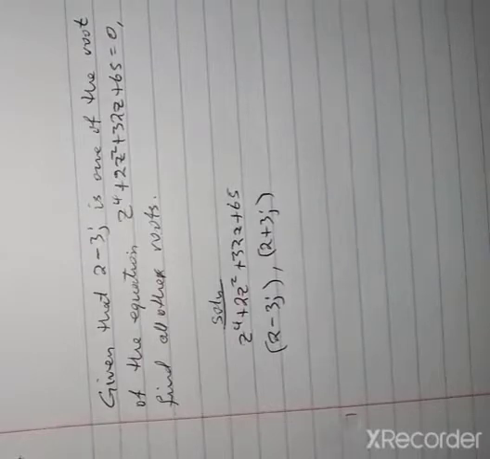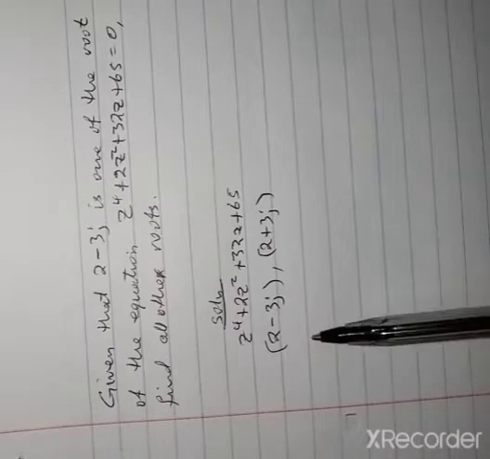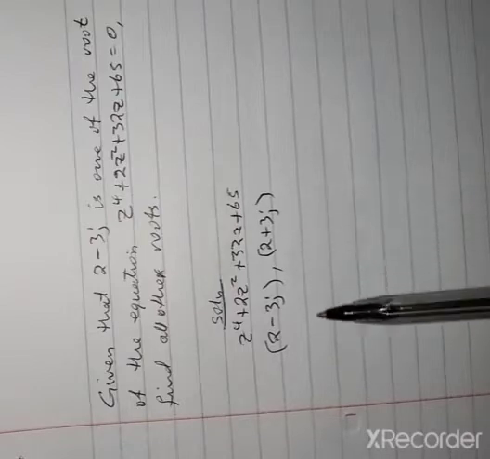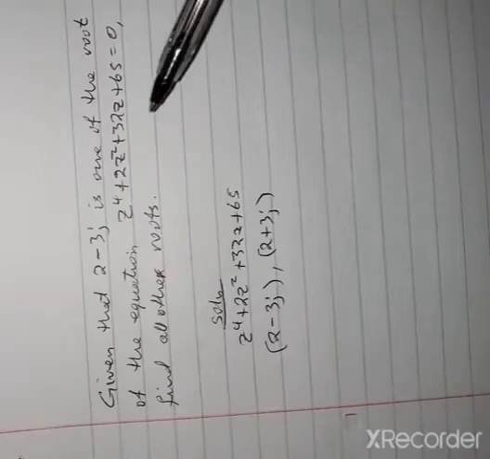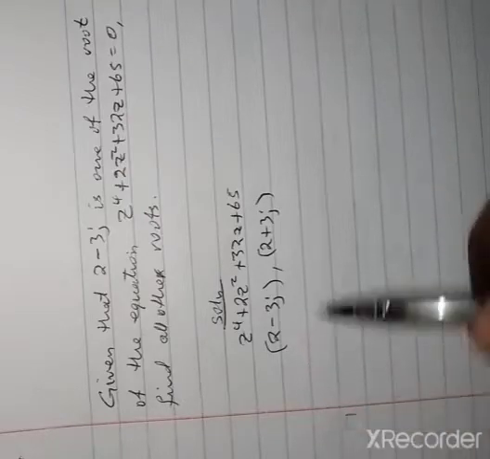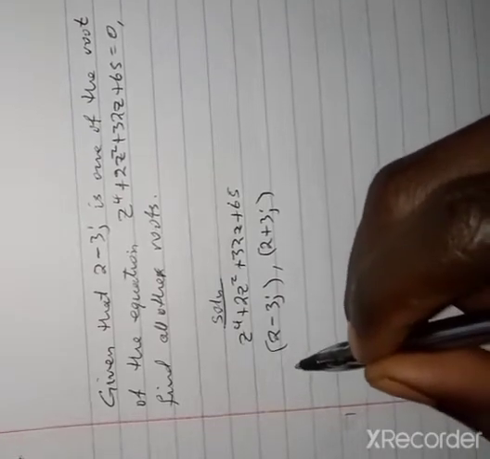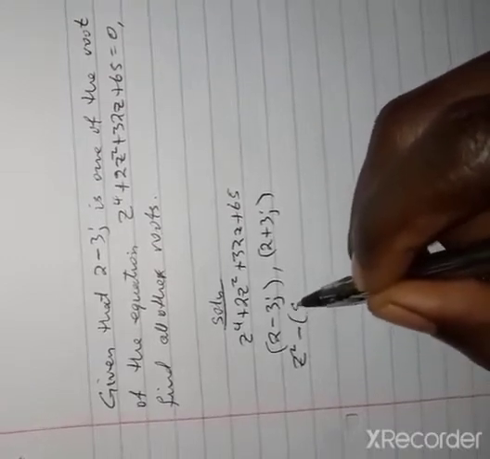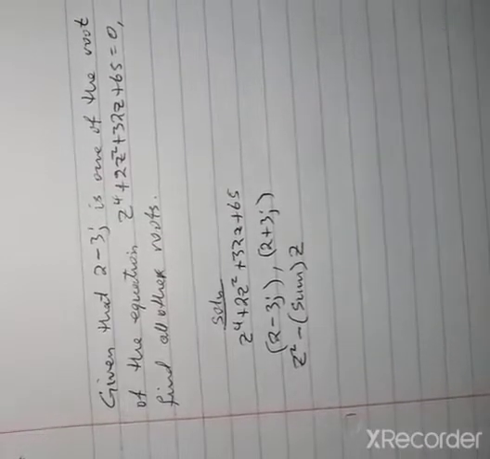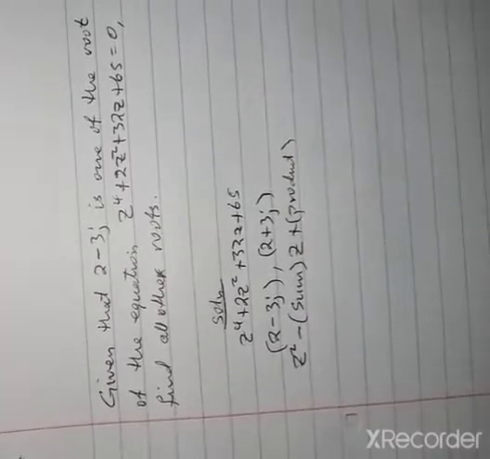Now we have to establish an equivalent quadratic expression since we have the two roots, and this expression will help us to reduce our polynomial equation of order 4 to order 2. So the quadratic expression of these two roots will be z squared minus the sum of the roots into z plus the product of the roots.